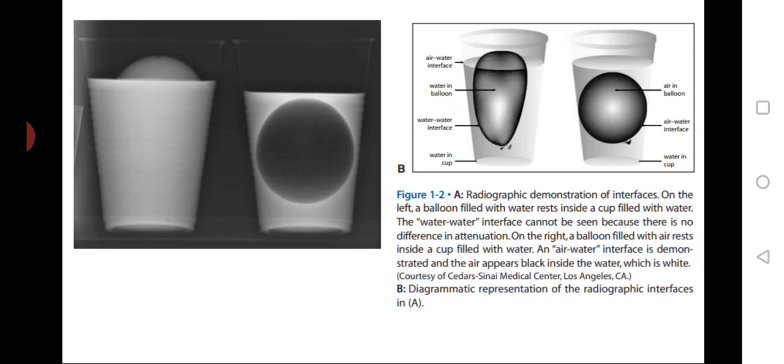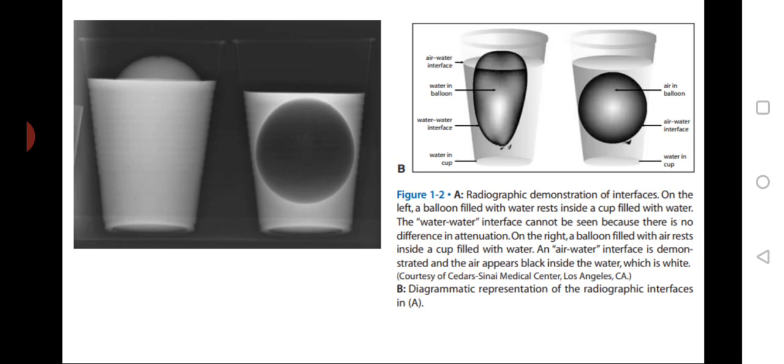So now let's get to the other example. The balloon filled with water. And as is obvious on the picture, we cannot see anything. Why? Because when the X-ray would get through any part of this body, it would have a similar problem to get through.